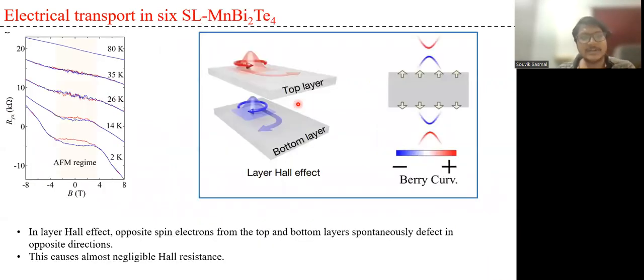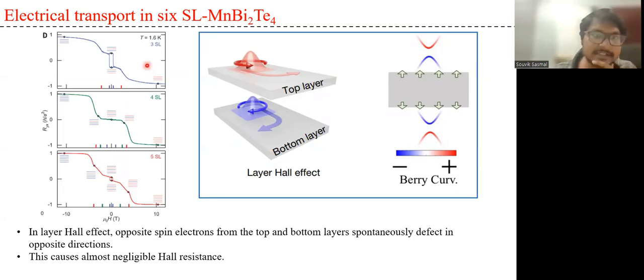And later on, we see this very low Hall resistance present in multilayer MnBi2Te4, and they claim that some kind of layer Hall effect could be the possible reason behind the observed phenomenon. In that case, there is a Mn moment in the unit cell.